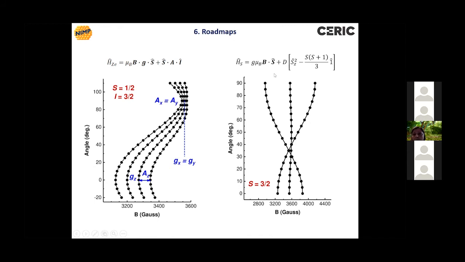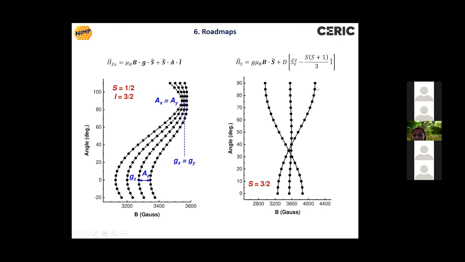If the g factor would be anisotropic, you can imagine that you will have somewhere here the g perpendicular and here the g parallel, or otherwise, it depends which one is larger. And you just have to drag the end of the spectrum and see how it will curve differently.